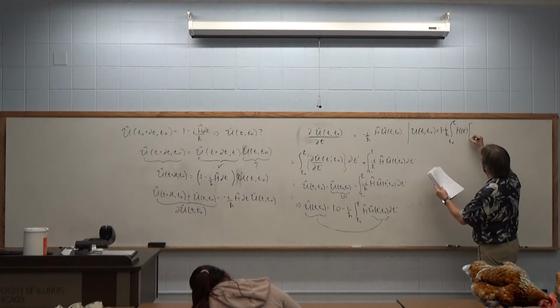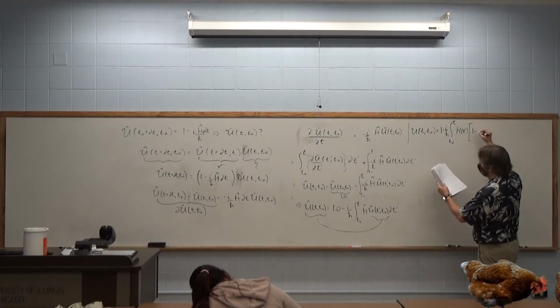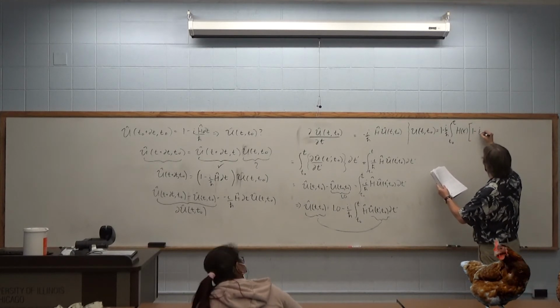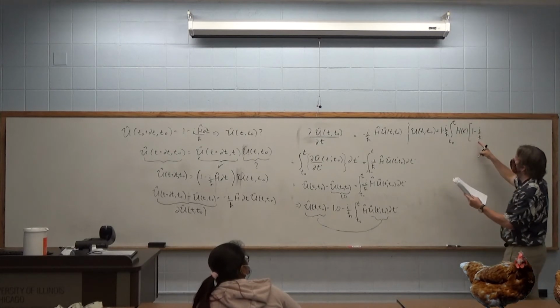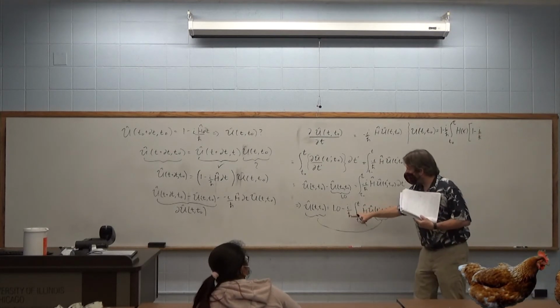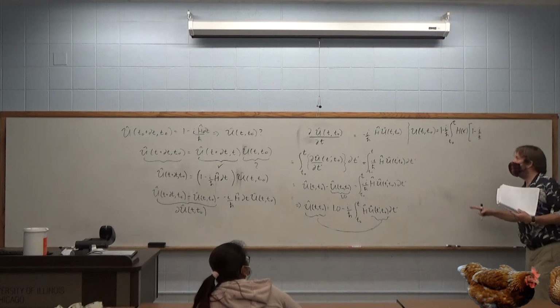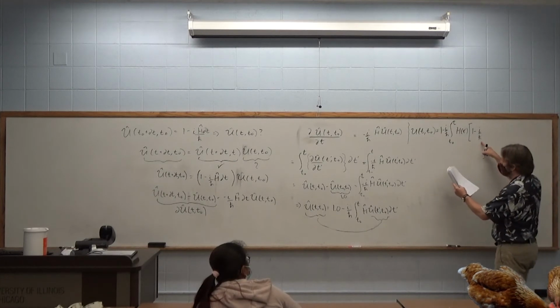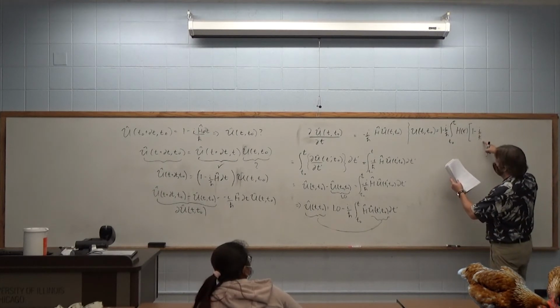Now, again, here's where it gets really crazy. Notice that I'm writing this 1 minus i over h bar integral. I'm writing it again: 1 minus i over h bar integral.